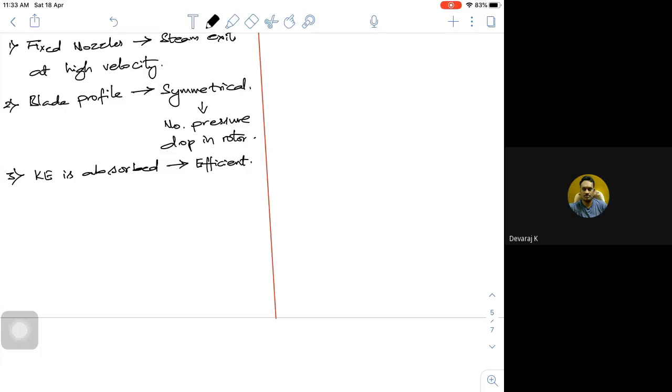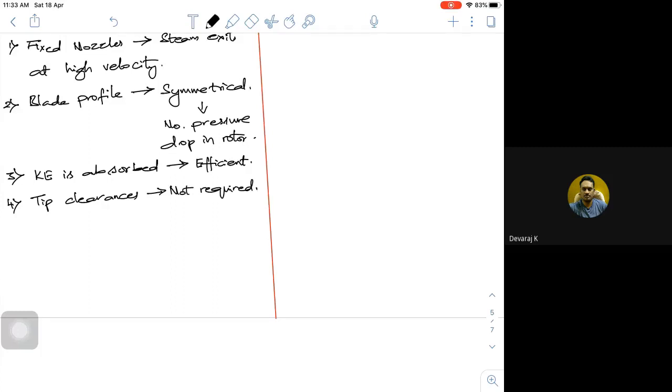And if you speak of tip clearances, that means the gaps, very fine tip clearance may not be required here because the profile itself is symmetrical.